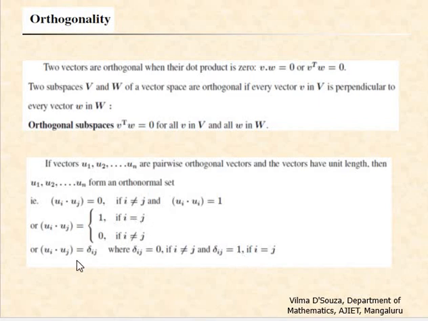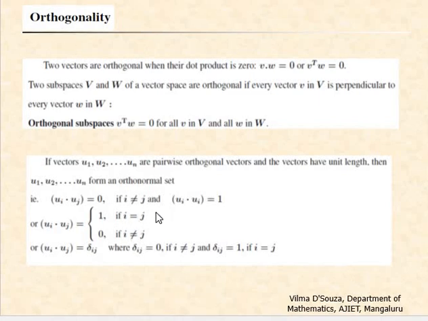The same thing you can observe here. This is equal to delta ij, where delta ij equal to 1 if i equal to j and 0 if i not equal to j. The same thing in three different forms I have rewritten. All the three forms mean the same thing.